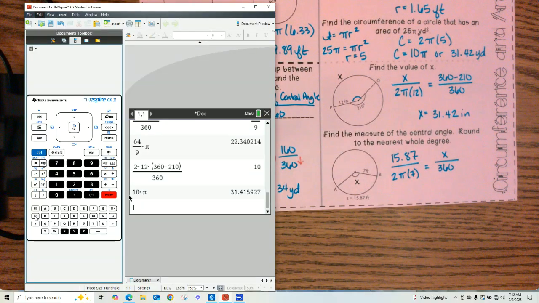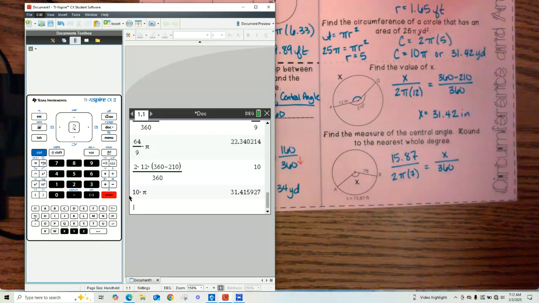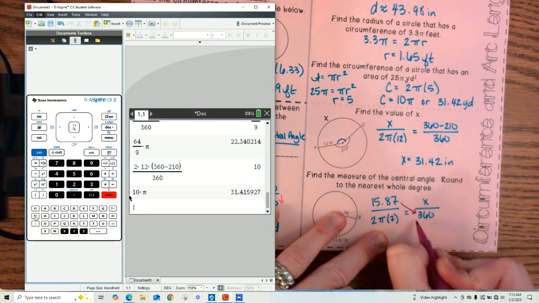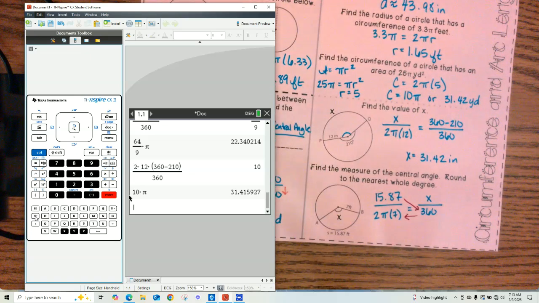So we're going to cross multiply and divide here. So 15.87 times 360 divided by, and again, 2 pi and then times 7. I'm going to put that all in parentheses.